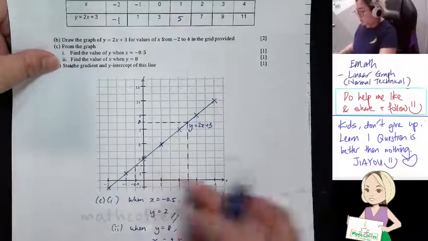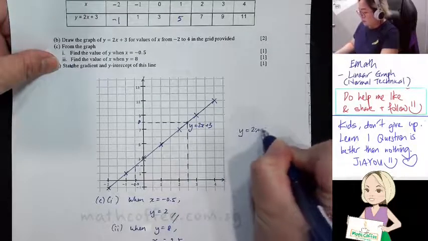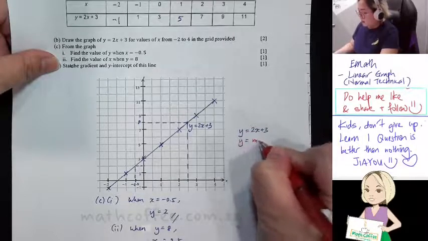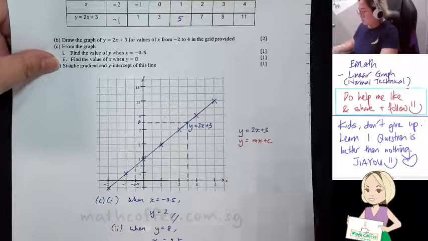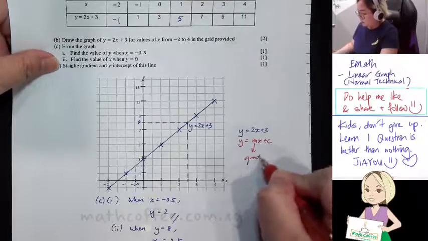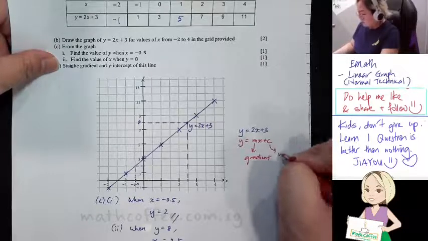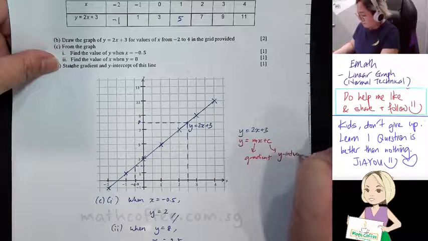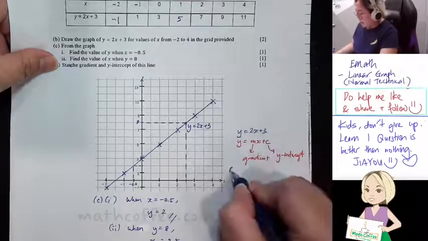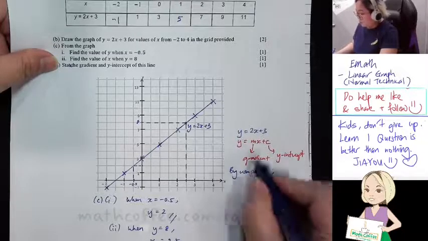So in this question, over here, see, y equals to 2x plus 3. I want you to compare it with y equals to mx plus c. So our m is our gradient, and our c is our y-intercept. So you see, by comparing, okay, you will know that the gradient is 2.